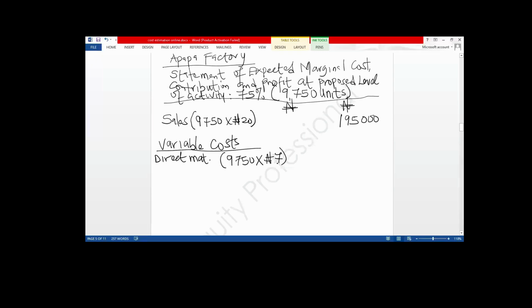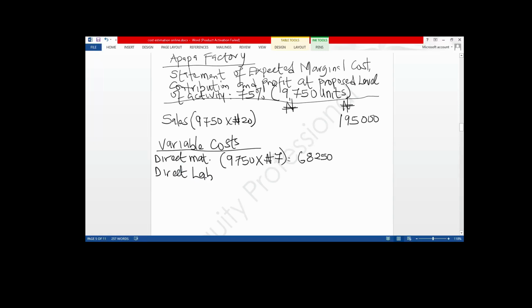Material cost per unit is constant at all levels, but the total material cost keeps changing as we produce more. Please multiply: 68,250.